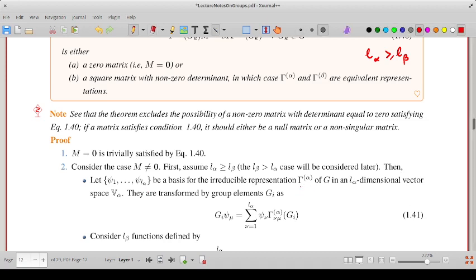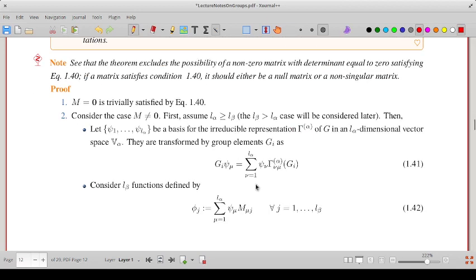Also remember, gamma alpha and gamma beta are taken to be irreducible representations. Since psi 1, psi 2, etc. form a basis for the representation gamma alpha, the transformation of psi mu under the group action is given by this equation.